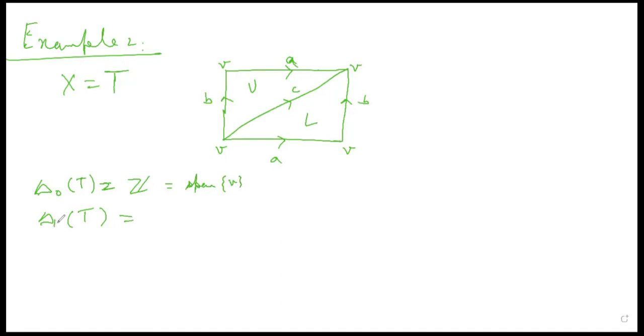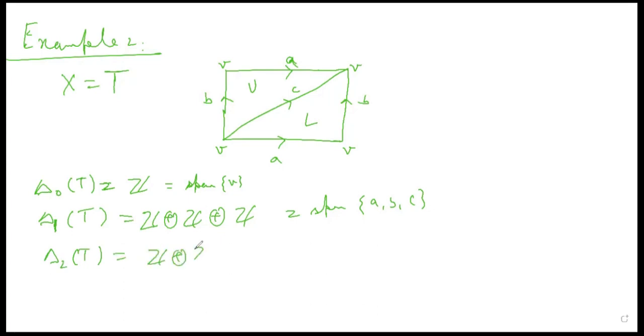What is delta 1 T? So how many? 1, 2, 3. So Z plus Z plus Z, the span of A, B, C. Delta 2 T equals Z plus Z, the span of U and L. These are two open simplices of dimension 2, and delta n T equals 0 for n greater than or equal to 3.